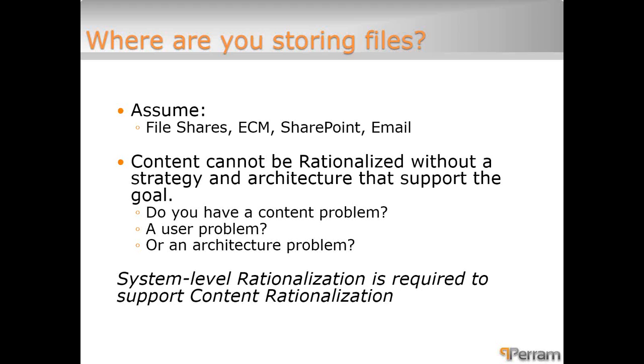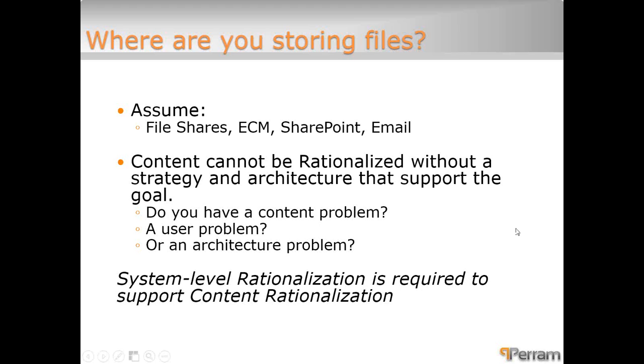So first up, where are you storing files? Like we noticed on the list, there's lots of options, and that's creating a real problem. Even if we scale those options back to just file shares, maybe a document management or ECM system, a SharePoint site or a series of sites, and email, that's still lots of options in terms of where content can be stored.